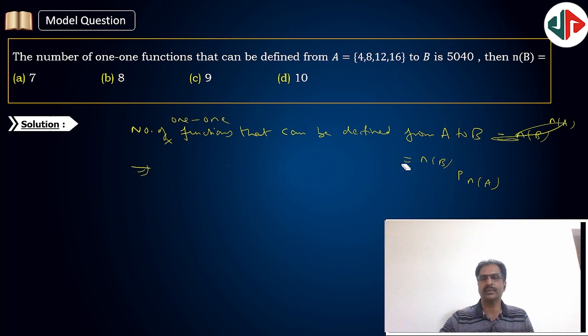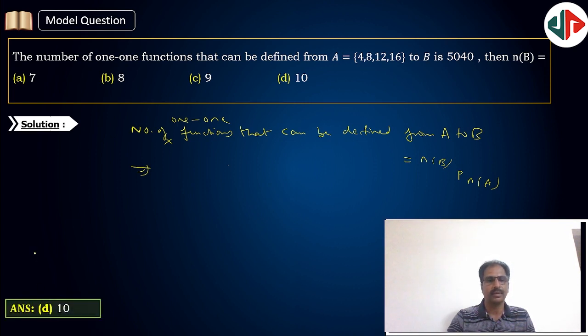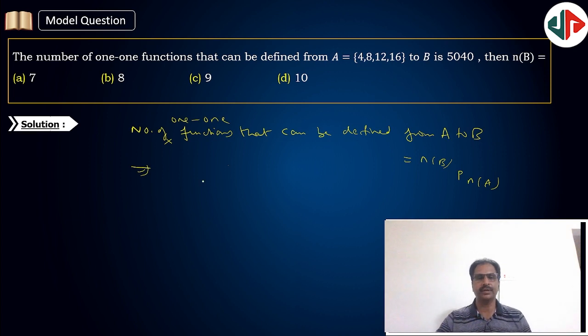The formula for the number of 1-1 functions that can be defined from A to B is n of B P n of A, which means n of B P n of A is 4, equal to 5040, given.